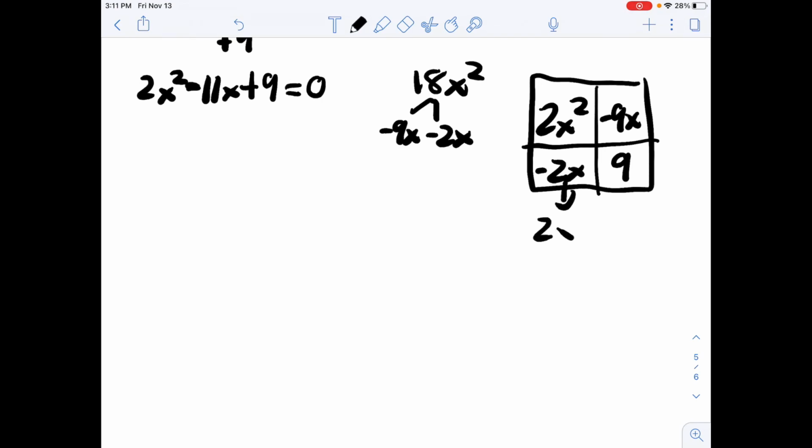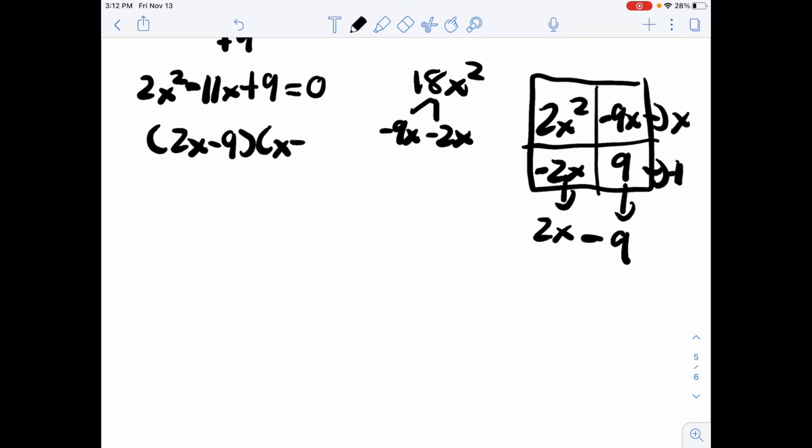Here we have 2x in common. Here we have 9 in common. Here we have 1 in common. And here we have x in common. And take note of these negatives. We have a negative right here in front of this 1, a negative here. So that this trinomial factors out to 2x minus 9 times x minus 1 equals 0.